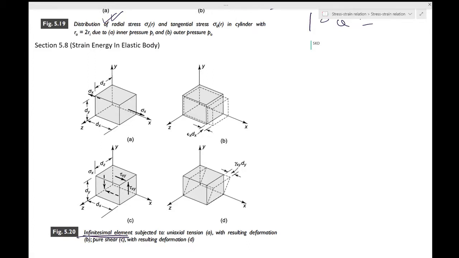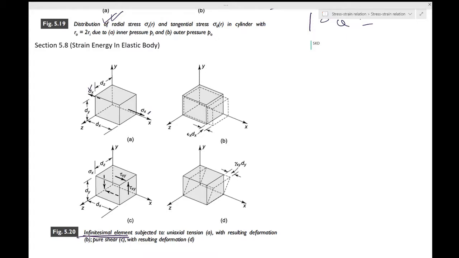So let's look at figure 5.20b. Here you have a uniaxial stress component sigma x, which is acting on the rectangular element. So sigma x is acting, you can see that over there, and correspondingly the sigma x will act over here.